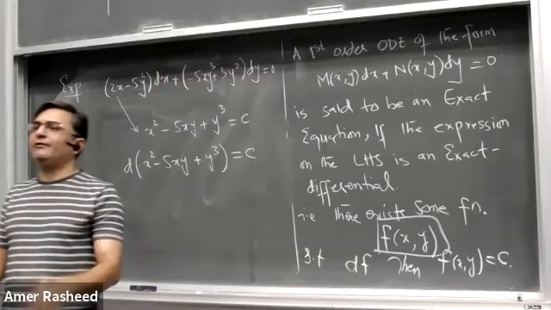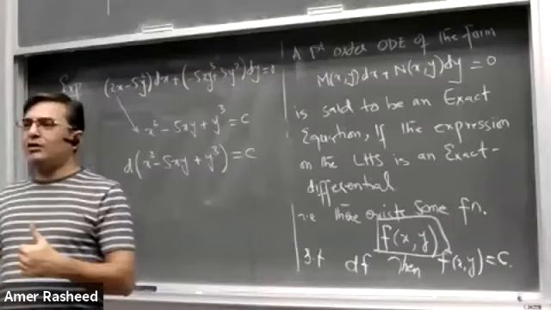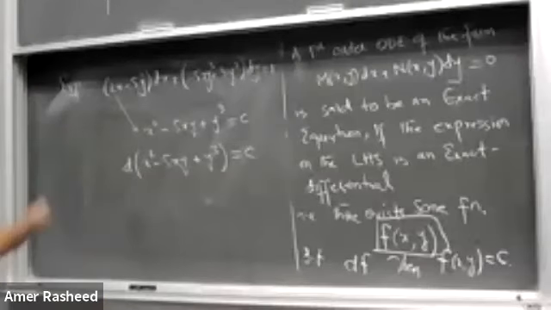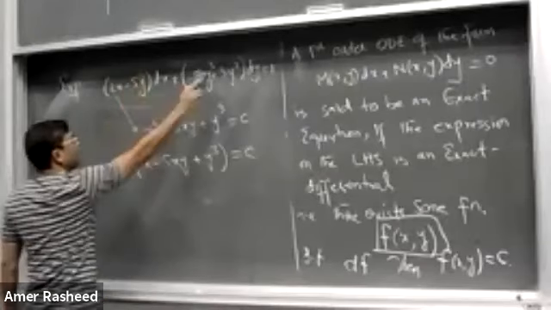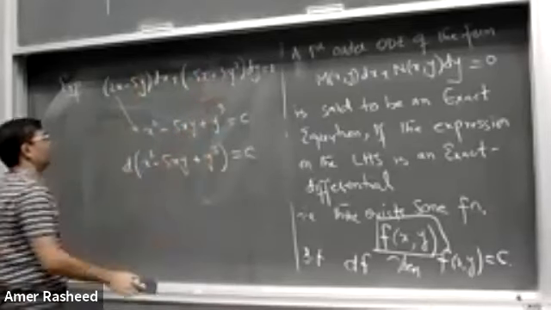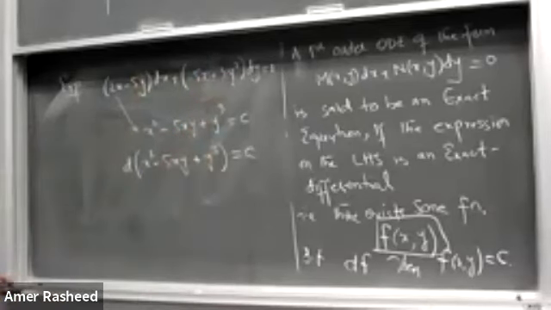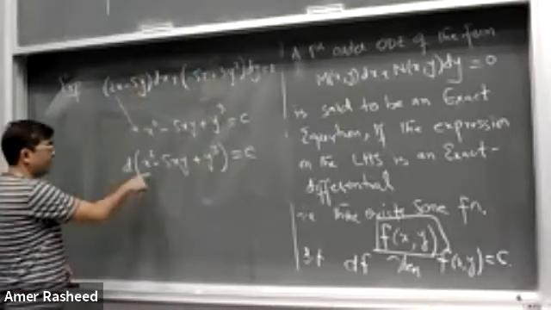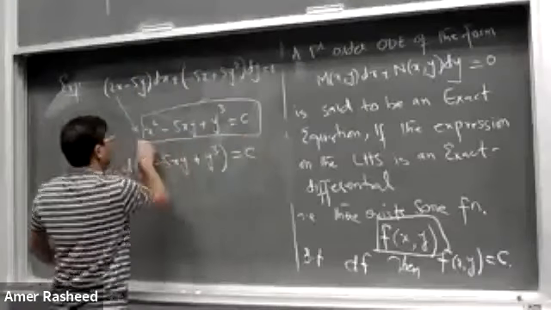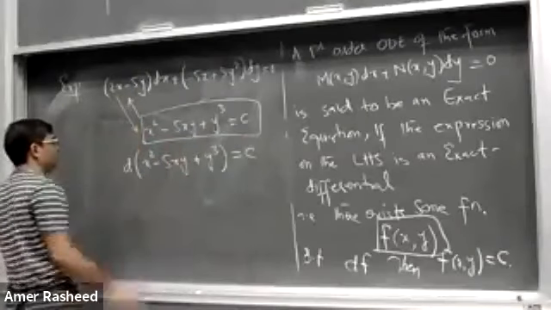So there must be some criteria in order to check whether this first order differential equation is an exact differential equation or not. I hope you get it. If you have any question, you can ask me. So this was very simple, and this will be the solution of this differential equation.